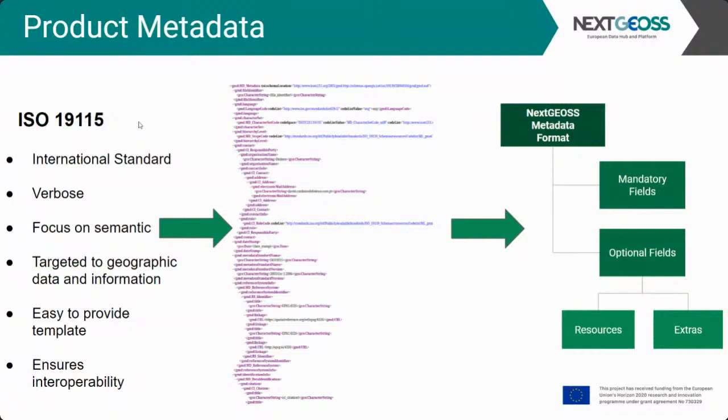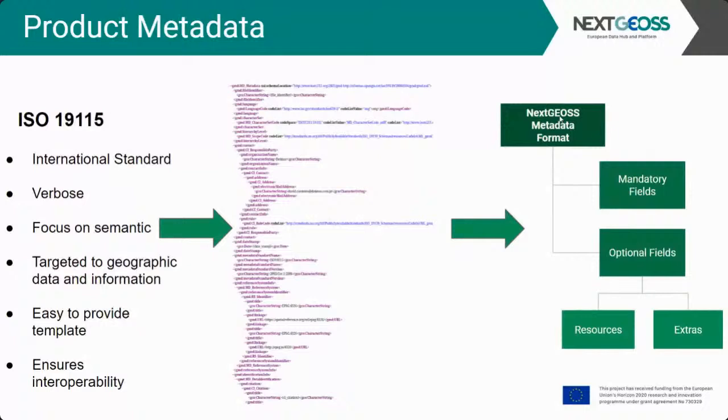And of course, as I already said, it ensures interoperability. You see an example here in the middle of this slide of this XML file that will be associated with each product file that you have from your application. From this, we take a NextGEOSS metadata format that has a set of mandatory fields.